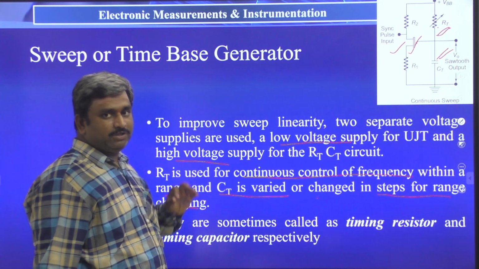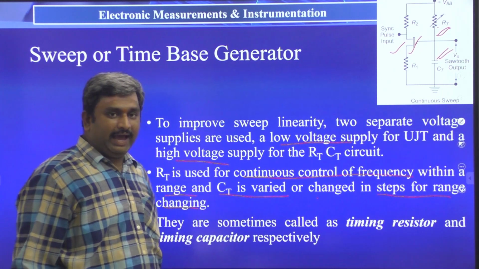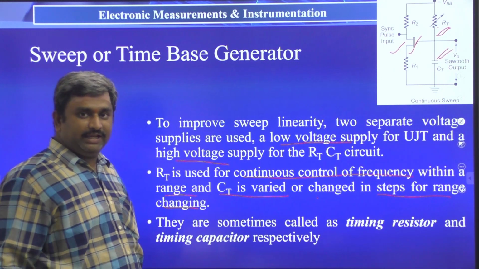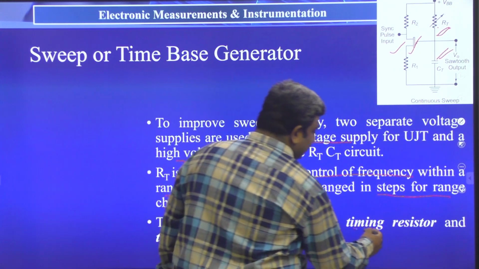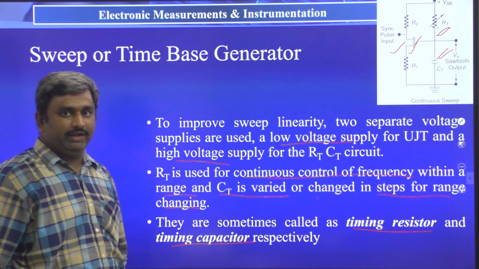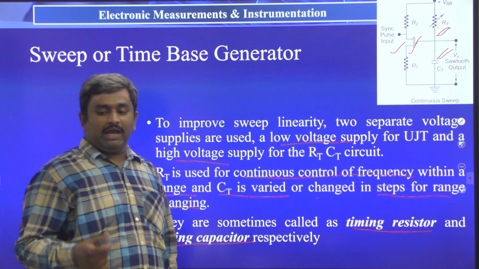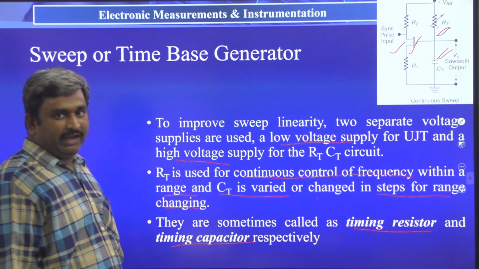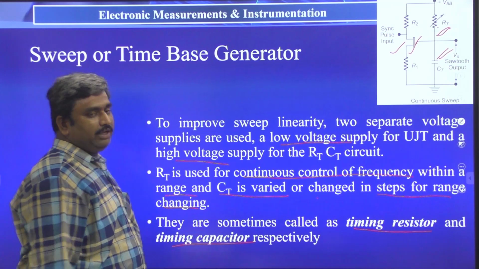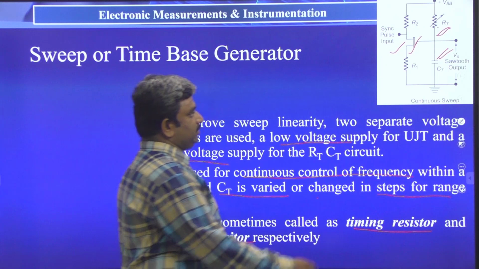These are the purposes of RT and CT. Sometimes they are called the timing resistor and timing capacitor respectively. So this is about sweep or time-base generators.